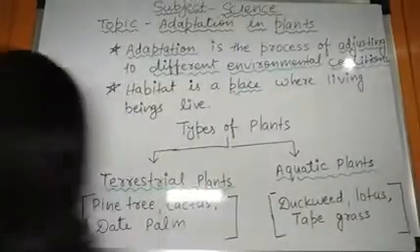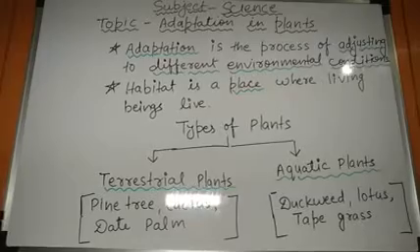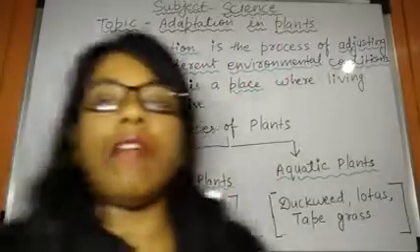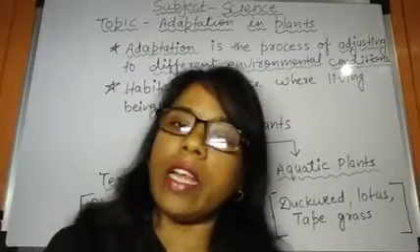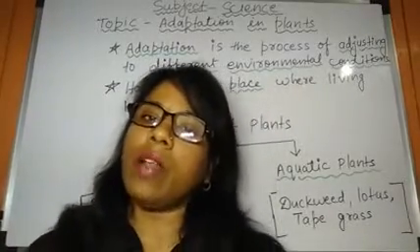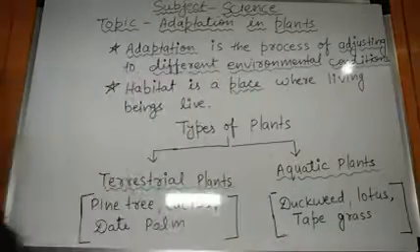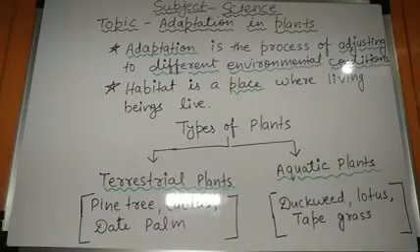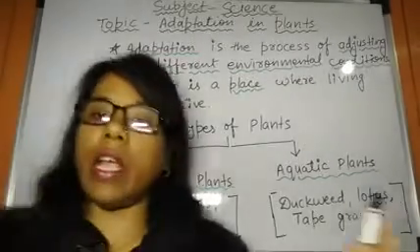Fine. So the second important term is habitat. Habitat is a place where living beings live. We live at home. Similarly, plants live on land or in water. So on the basis of their habitat, there are two types of plants: terrestrial plants and aquatic plants.